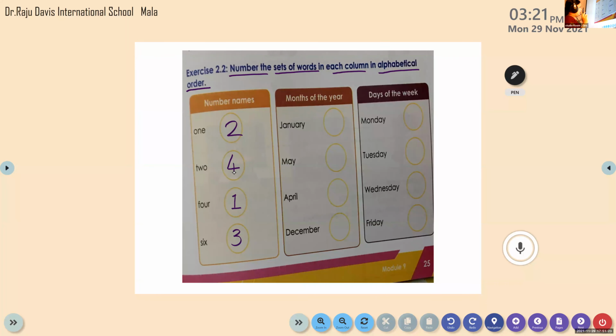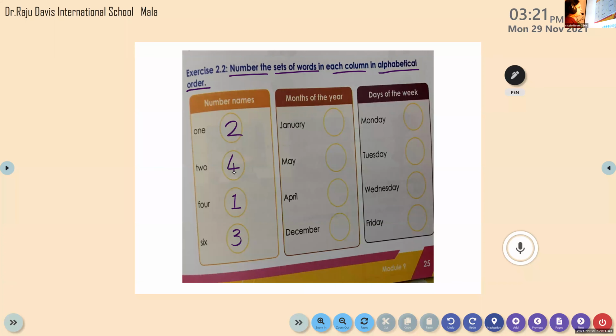Just now I said, give importance to the alphabetical order, not to the sequence of the months. According to the alphabetical order, which month out of these 4 months will come first?